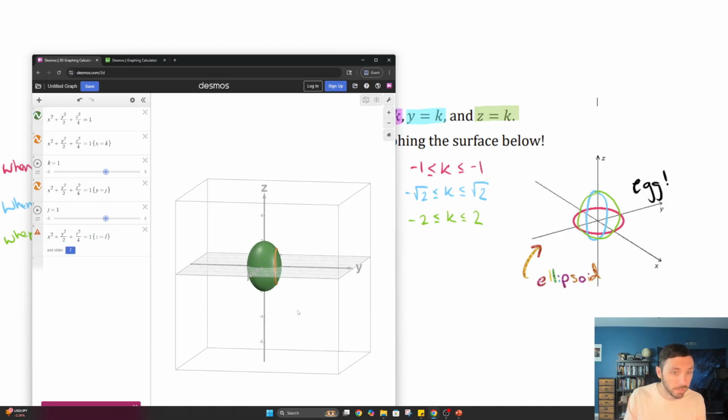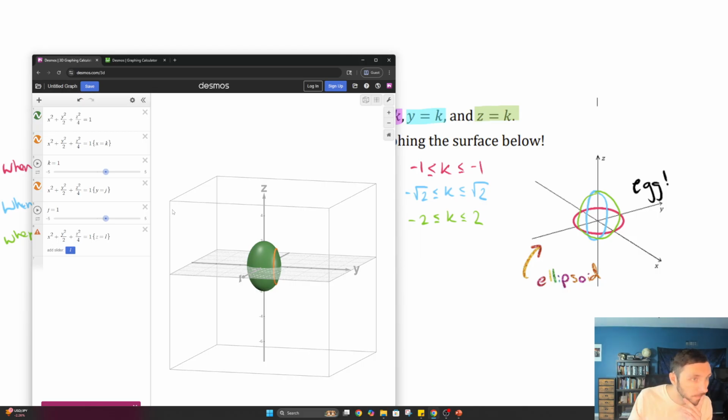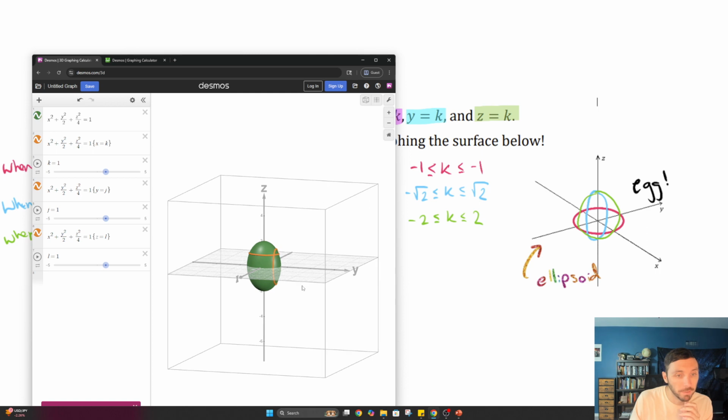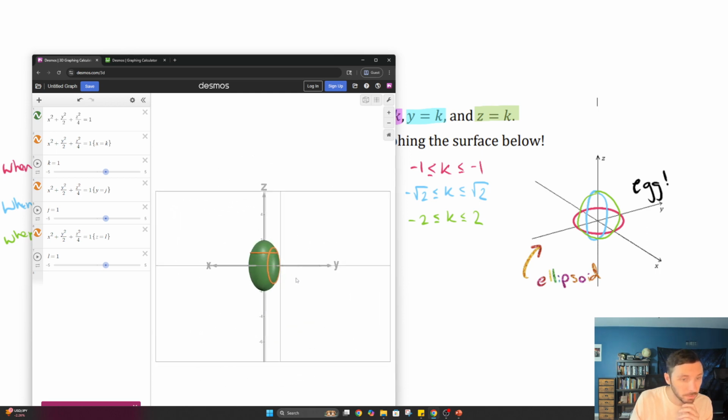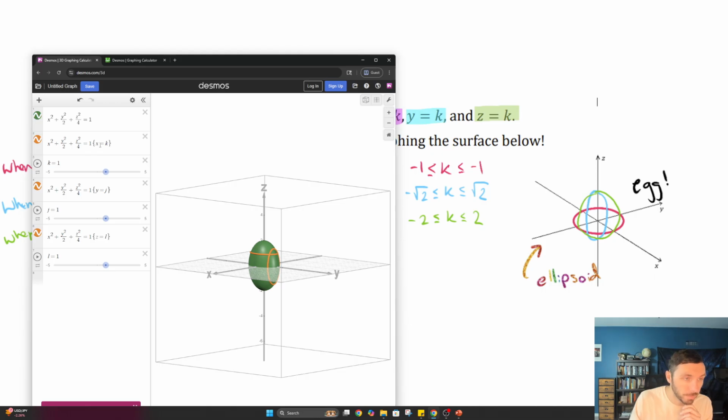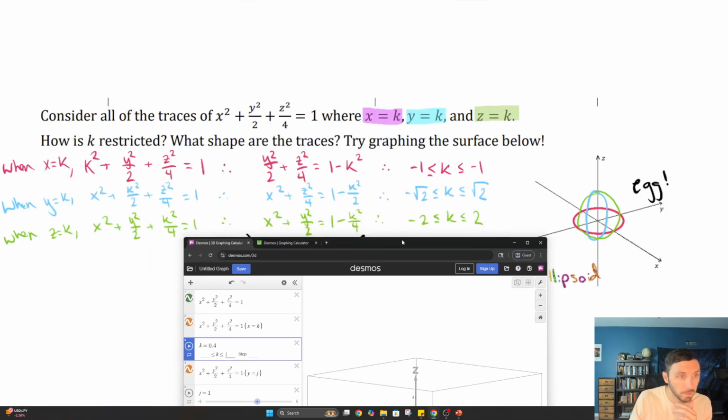So if I wanted to scan this, oh man, this is looking cool already. Let's do k. That would be traces parallel to the YZ plane. They'd be scanning it this way. So that would be from -1 to 1.